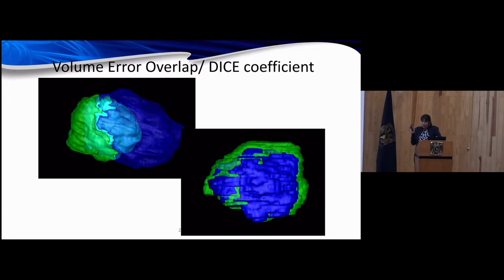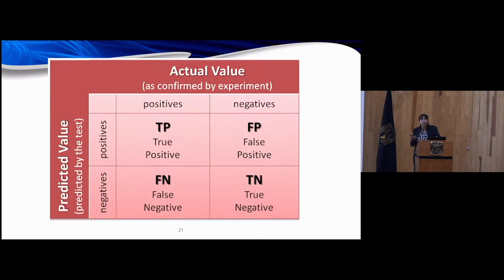So these are some of the metrics, but also when we are trying to segment an image, there are pixels or voxels that need to be evaluated and say, this is right and this is wrong. So that's why we use the confusion matrix. It says, I got a pixel that belongs to a tumor, and if it's positive, well, that's one count.